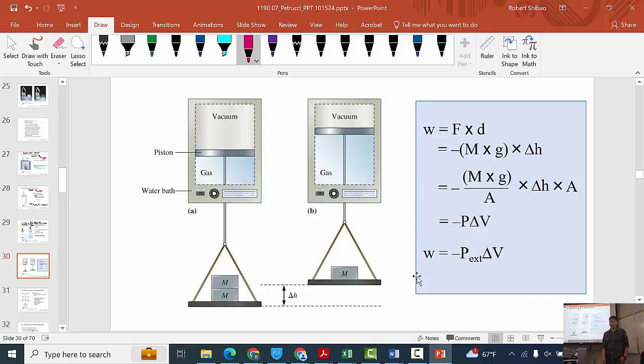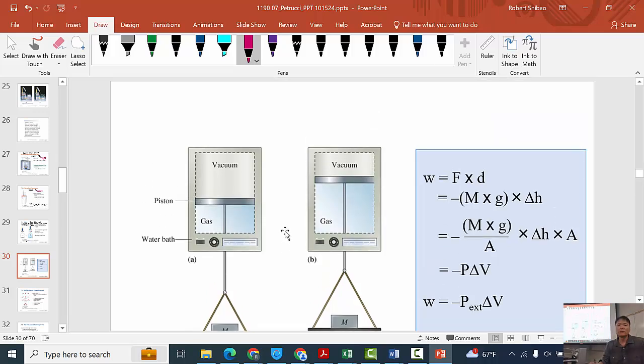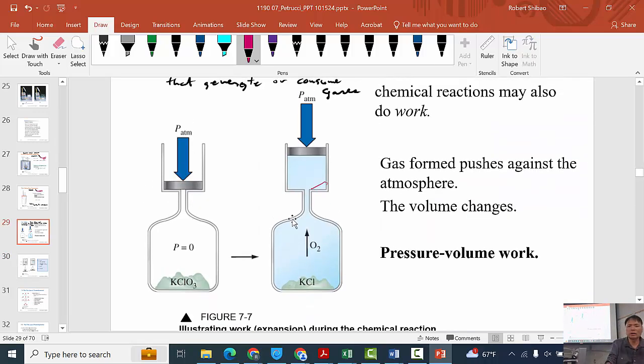Okay. So all we do is we know what P external is and delta V. If we want to calculate the amount of work, let's say this is 1 liter here. The work is equal to minus P delta V. We started off at 0 liters, this is V initial, and V final is 1 liter.